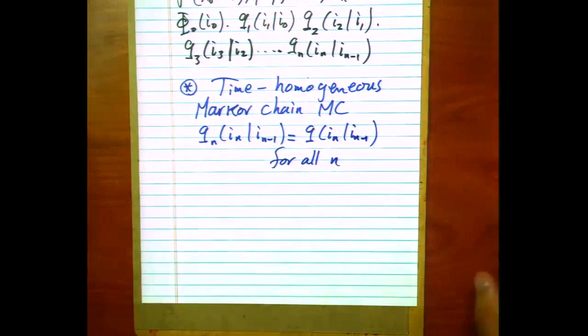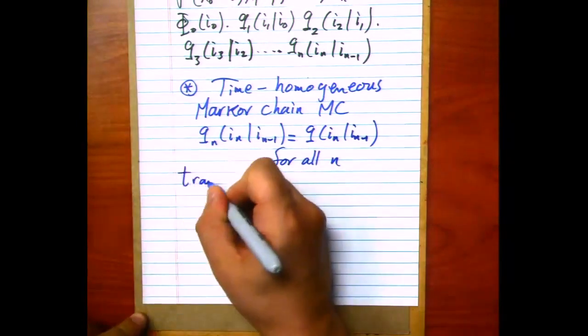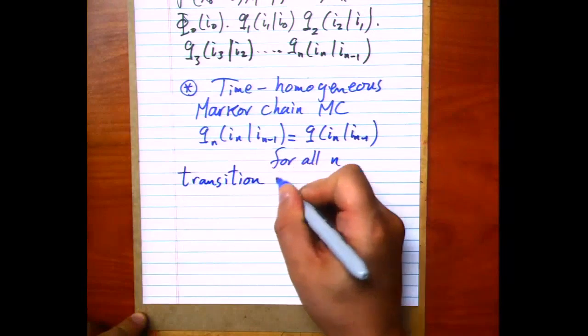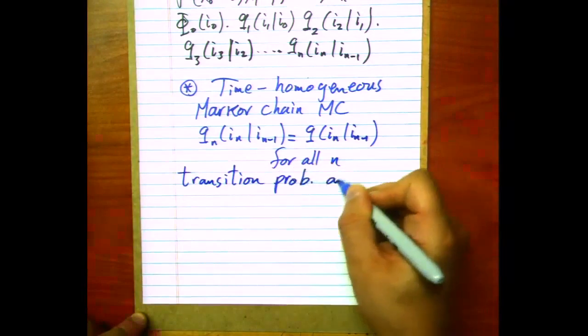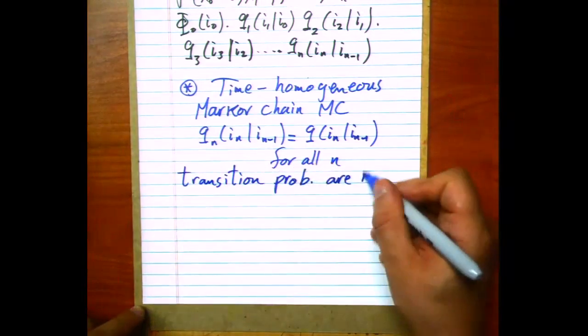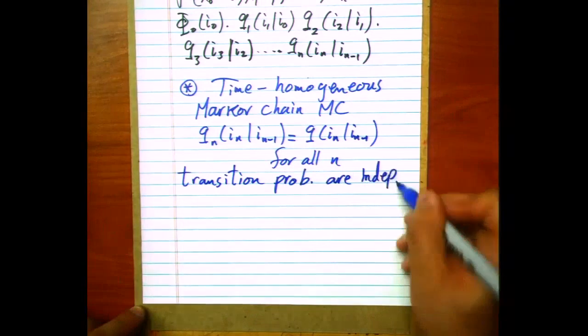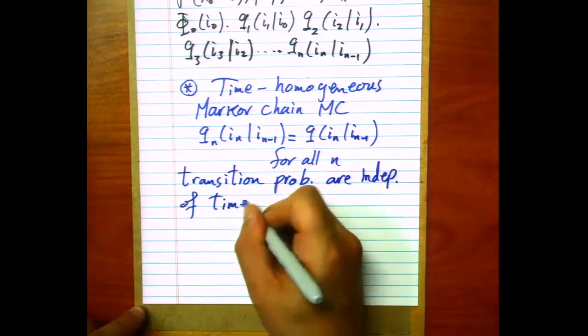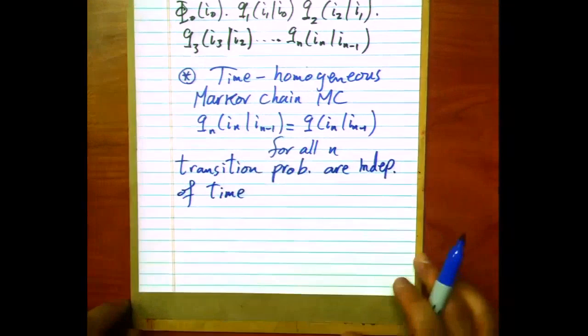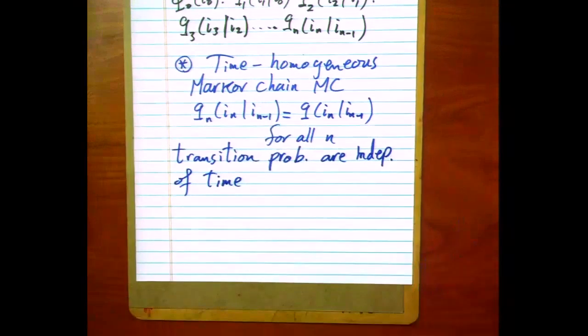When the transition probabilities are independent of time, then we call the Markov chain time homogeneous. Because sometimes it really matters when was the step of the system. Then it's time heterogeneous or time dependent Markov.